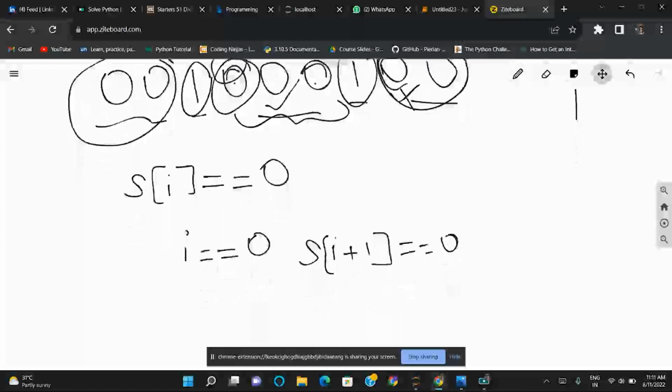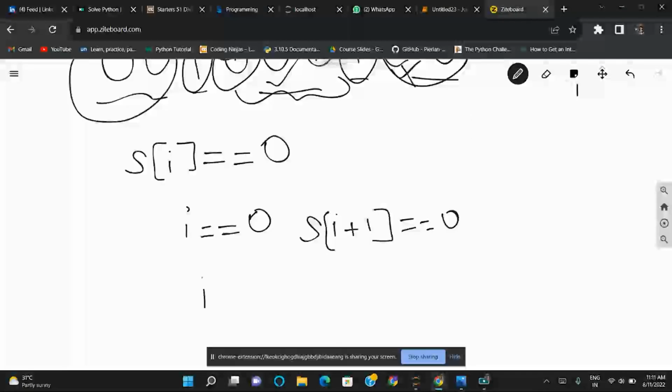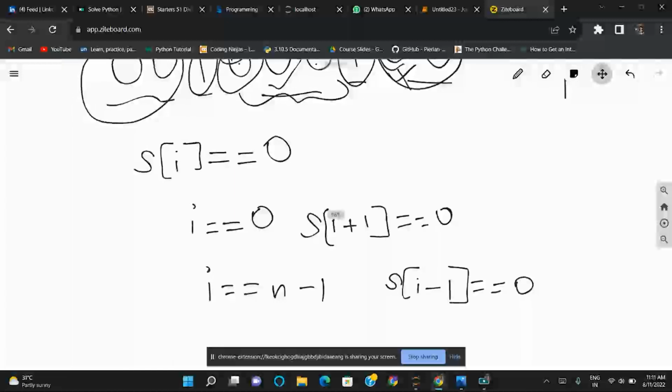So the condition would be I is equal to n minus 1, because it is the last number in the sequence. And S of I minus 1 also should be 0, because to the left of it the chair should be empty.